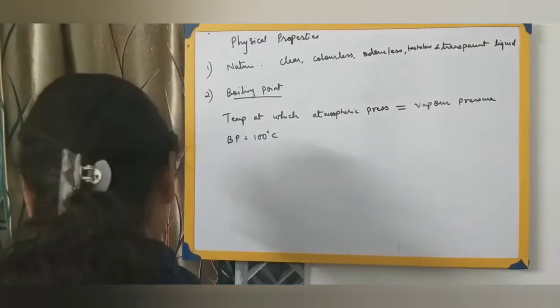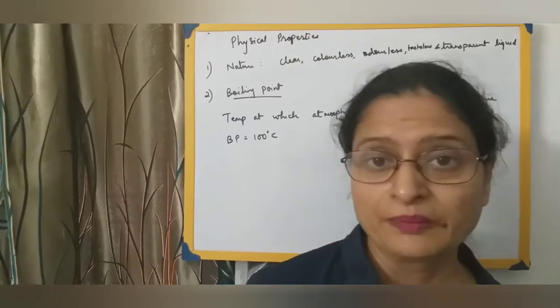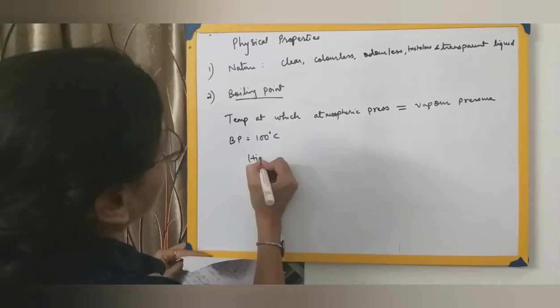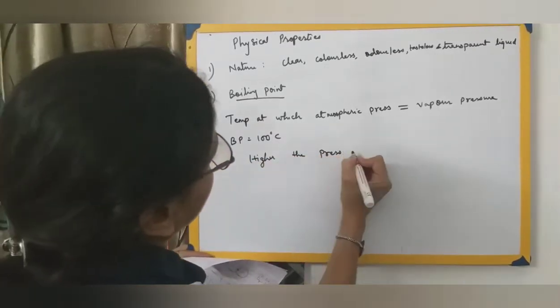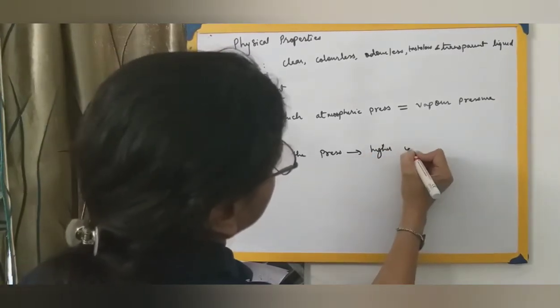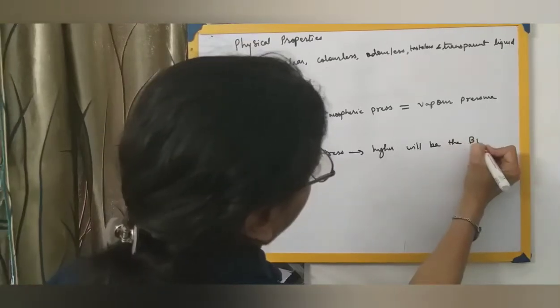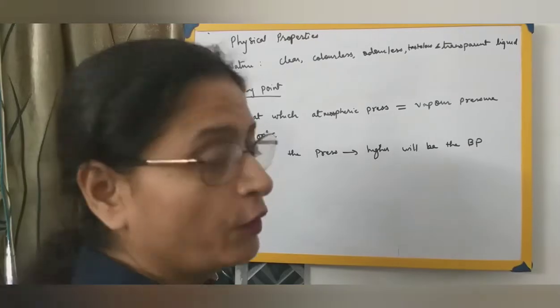Now we find that the boiling point changes with the atmospheric pressure. The higher the pressure, the higher the boiling point. Similarly, the lower the atmospheric pressure, the lower the boiling point.